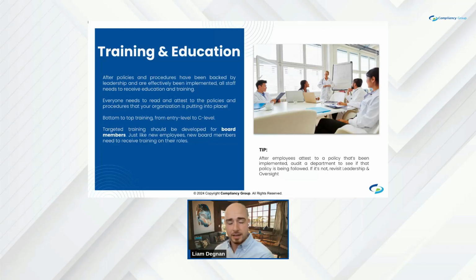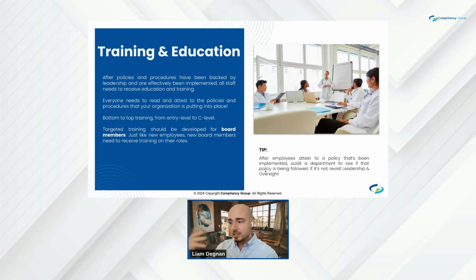So your clinical staff might need different types of training as compared to your administrative staff, as compared to your IT staff members, as compared to other types of staff members, right? But in the end, that targeted training should also be developed again for board members and for C-level executives, making sure that they understand their role and their involvement in the management of the compliance program, exactly the same as it works for new employees.